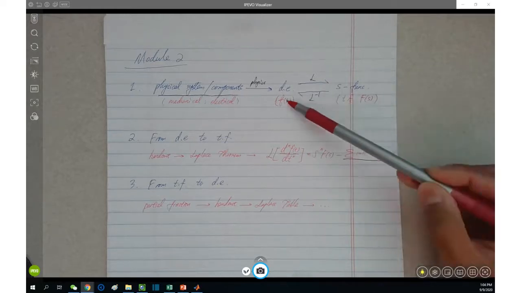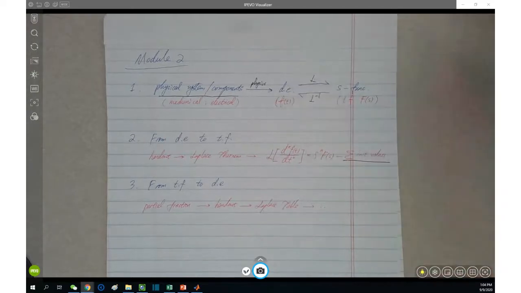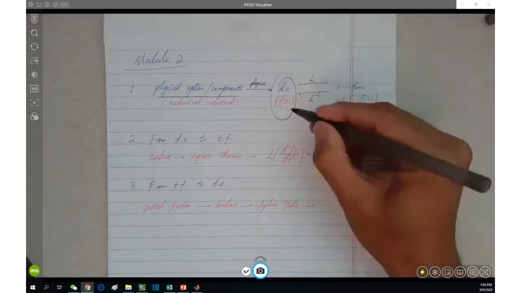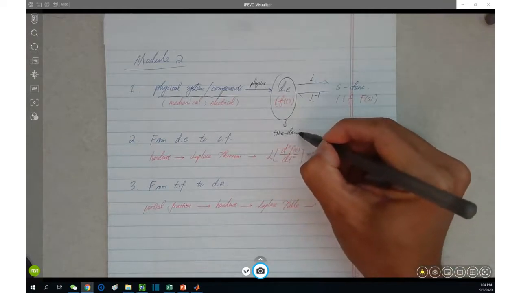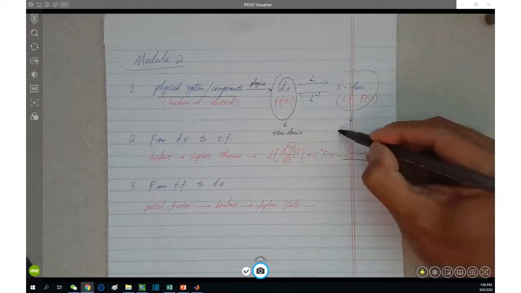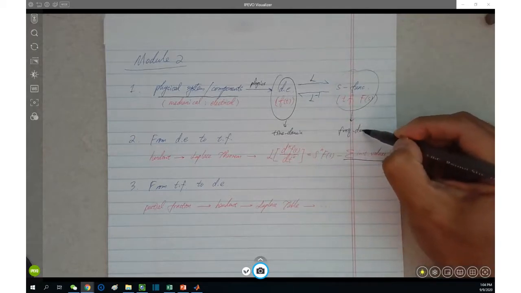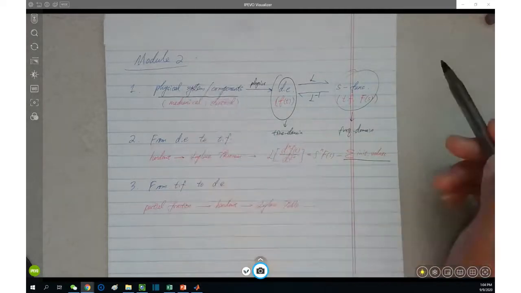So the transfer function and the differential equation are two things. Obviously the differential equation is the time domain. Whenever you have a correct understanding, this is nothing but time domain. And the transfer function obviously is frequency domain, because our module 2 title is frequency domain modeling.